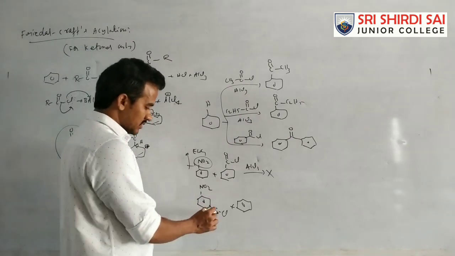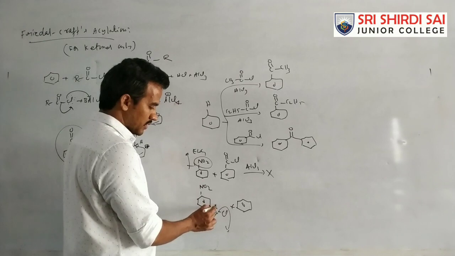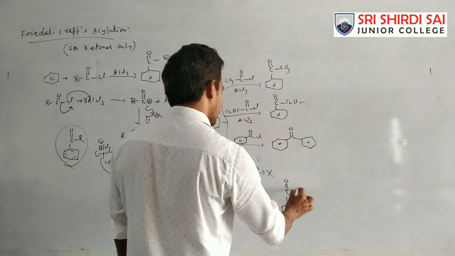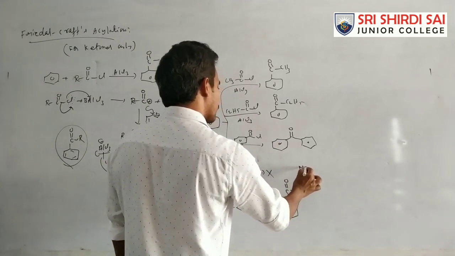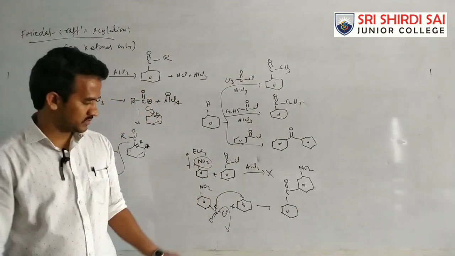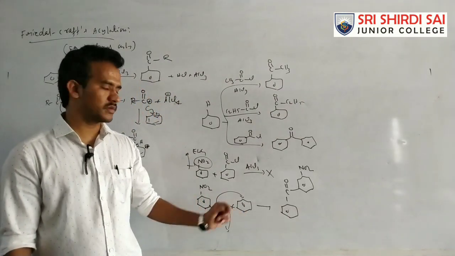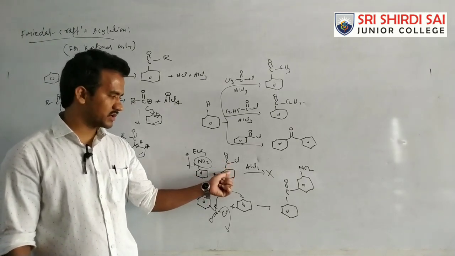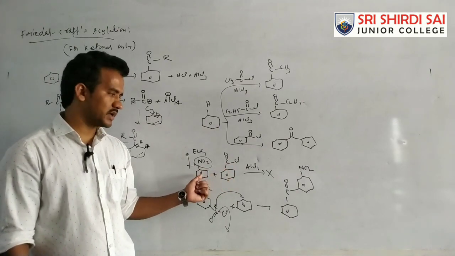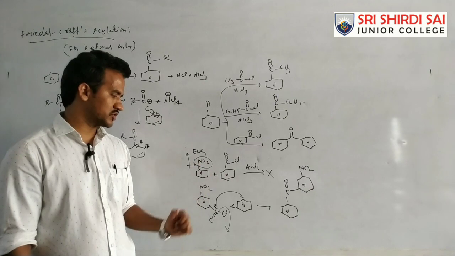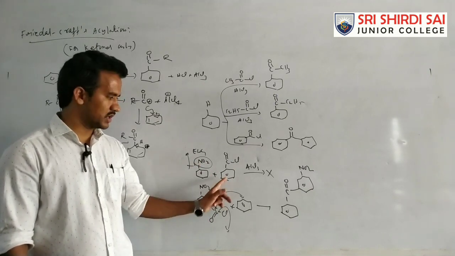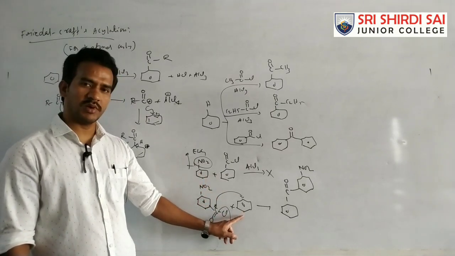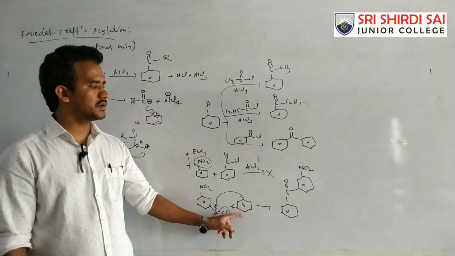In this case Cl minus is removed and the acylium ion is formed, which attacks the ring. So substitution takes place on this benzene ring, but substitution on the nitro-substituted ring is not possible. Here the acylium ion is generated, and it must attack a ring, but attacking the deactivated ring is not possible. Acylium formation is possible in both cases, but attacking this simple benzene is possible, since it is neither deactivated nor activated.